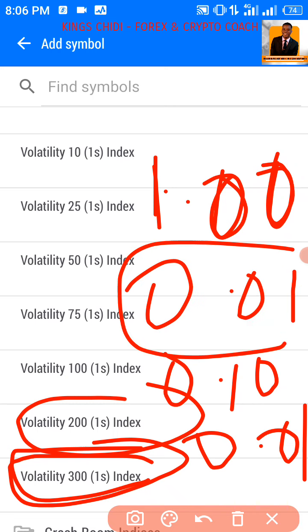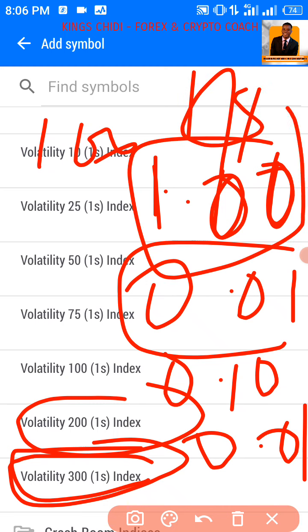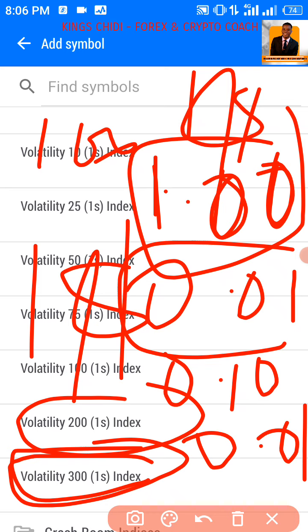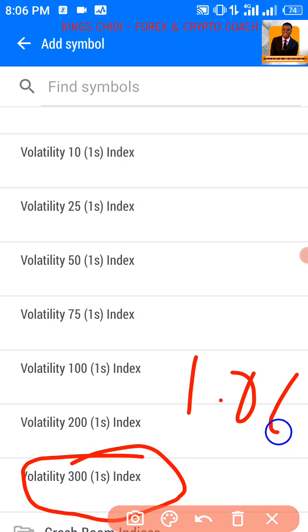Just like forex, if you make 100 pips, you have $1. But here, if you make 100 points, you still have $1. So that's why I said it's like forex lot size. So this is 1.00. That is the lowest lot size.